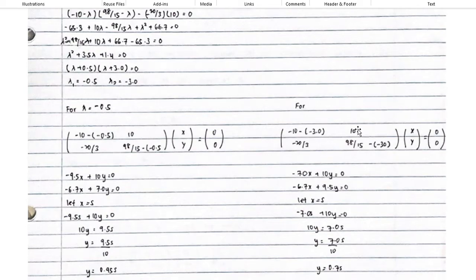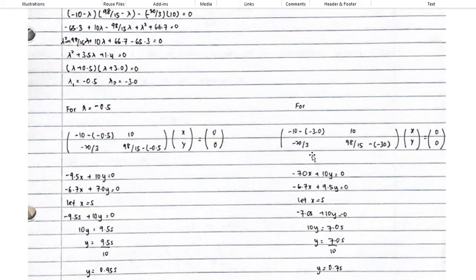And for this part, 10 times y, and this equals 0. This part times this part, equal to 0. If this part is equal to 1, then if this part is equal to 0, then it will be equal to 0. If this part is equal to negative 1, then this one will be plus 1, same as this part also.